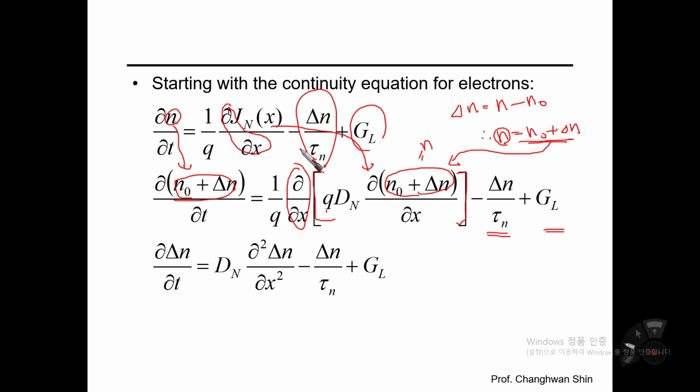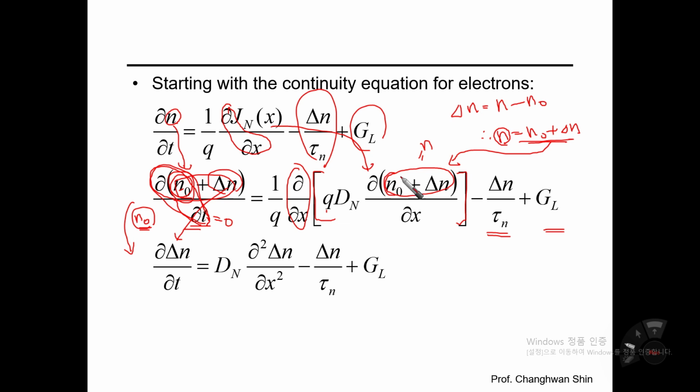One more thing I have done from the second line to the third line: n naught means the electron concentration at thermal equilibrium, so over time this number cannot vary at all. Therefore, if I take the first derivative of n naught with respect to time, this value is 0, right? So only delta n stays.